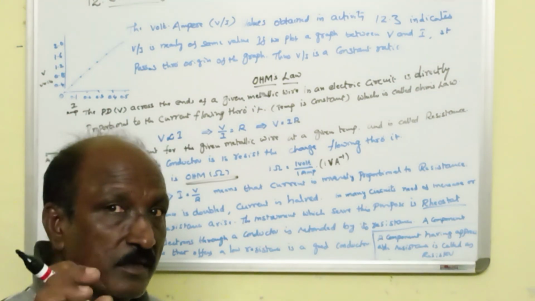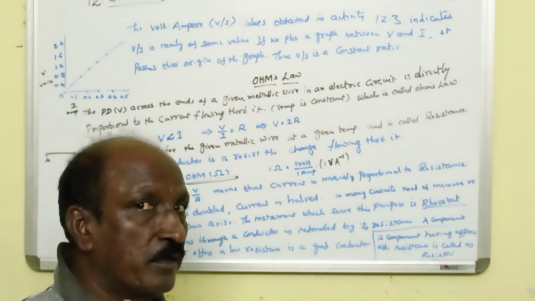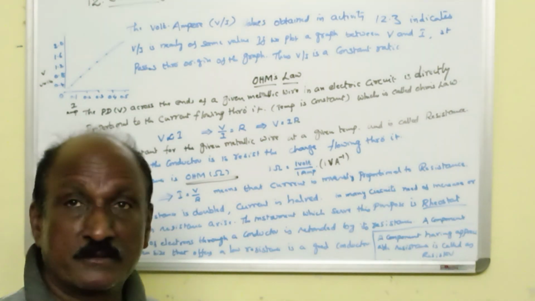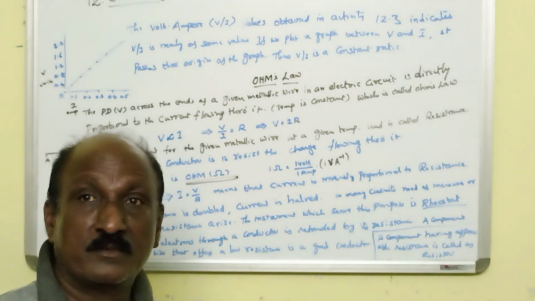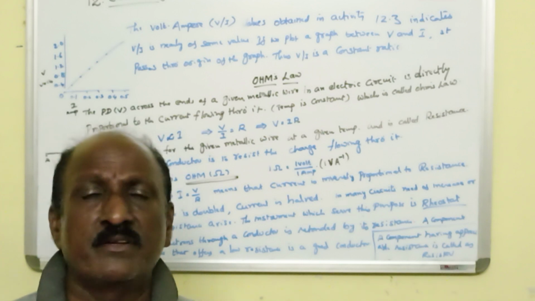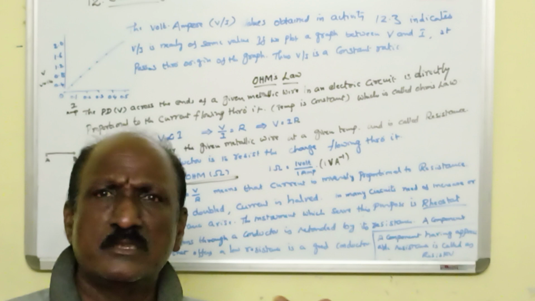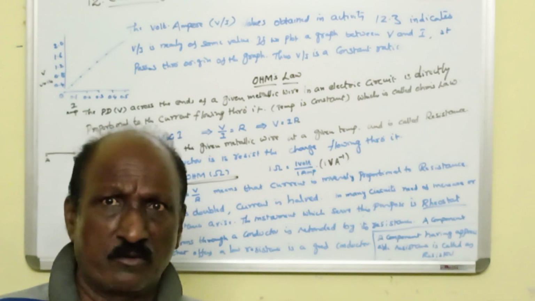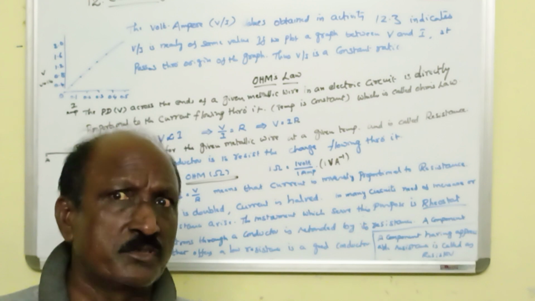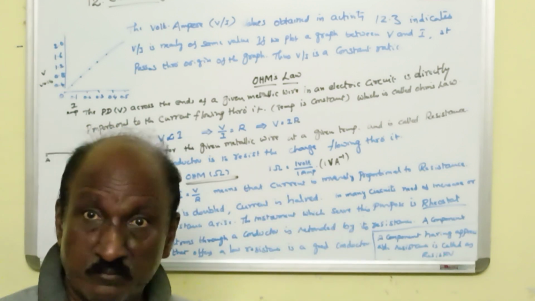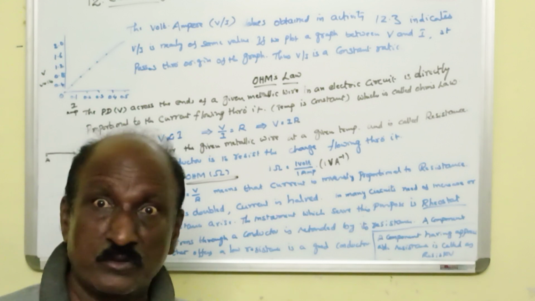So a good conductor should have low resistance. If our body has low resistance, all the diseases enter into our body. If our body has a very good resistance, there is less possibility of diseases entering into us.